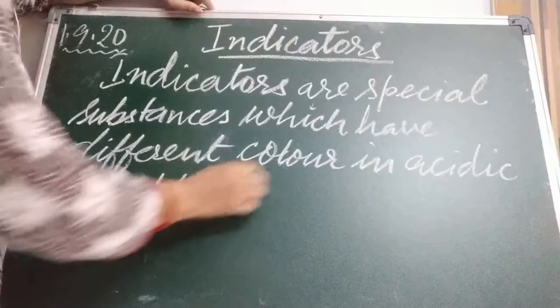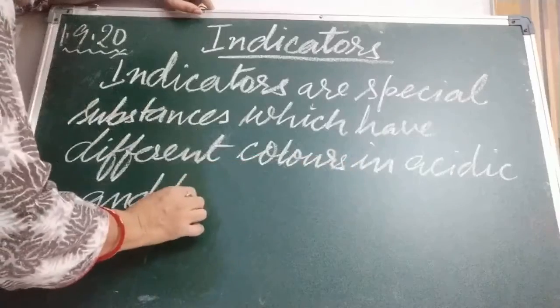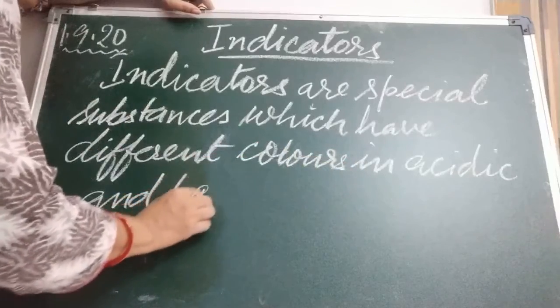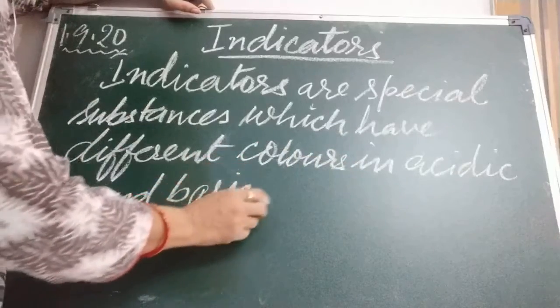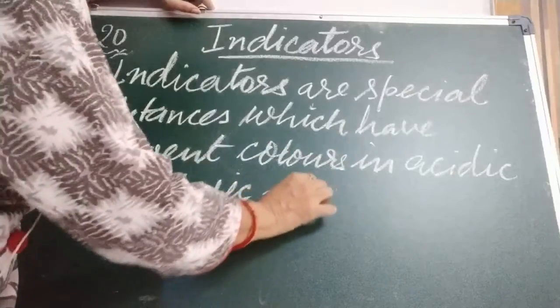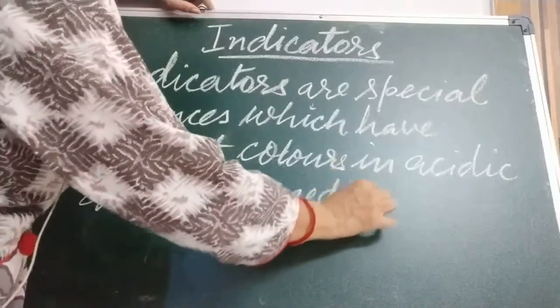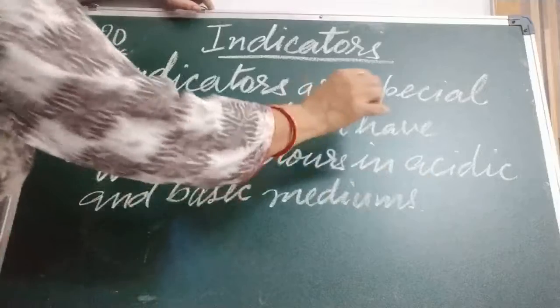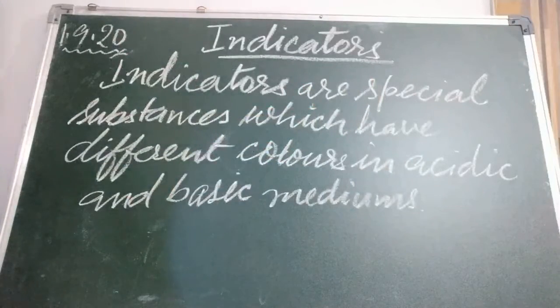These are special substances which have different colors in acidic and basic mediums. They are used to test whether a substance is acidic or basic.